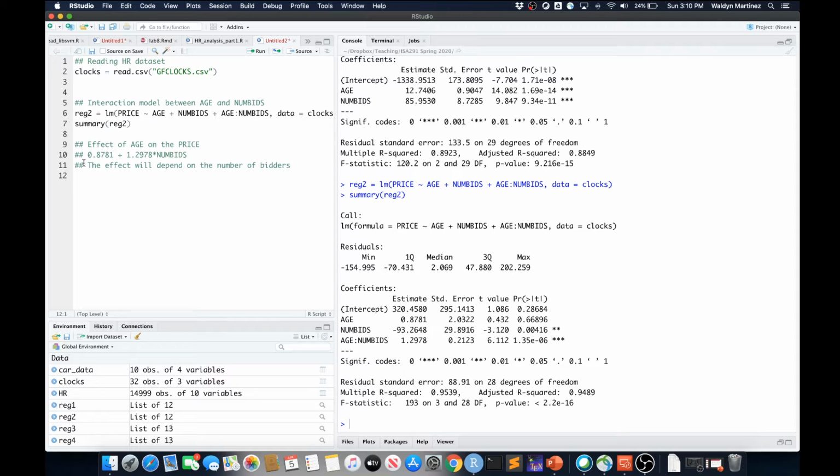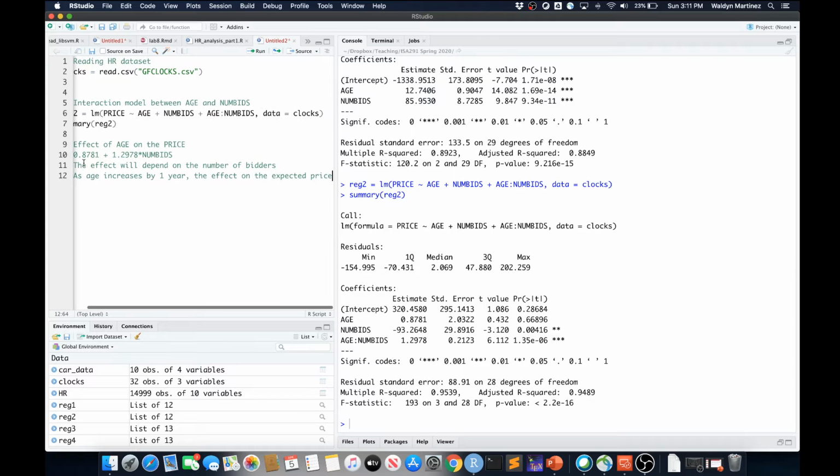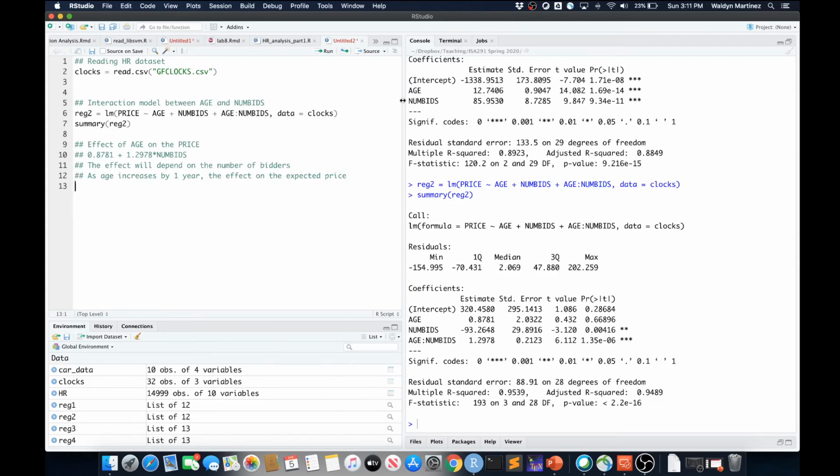We can also say as age increases by 1 year, the effect on the expected price is just that equation right there. Now that becomes a little difficult to interpret, when we're interpreting in the language of the problem for people who have little knowledge about the problem, that might be a little problematic to understand.